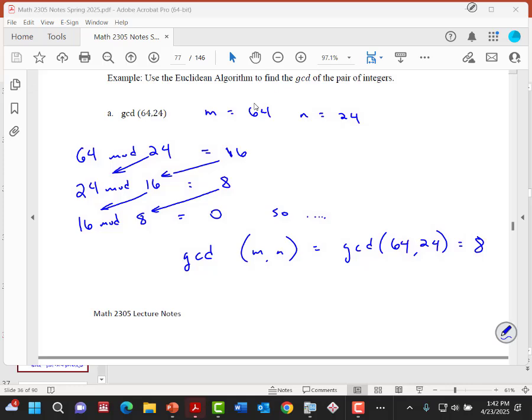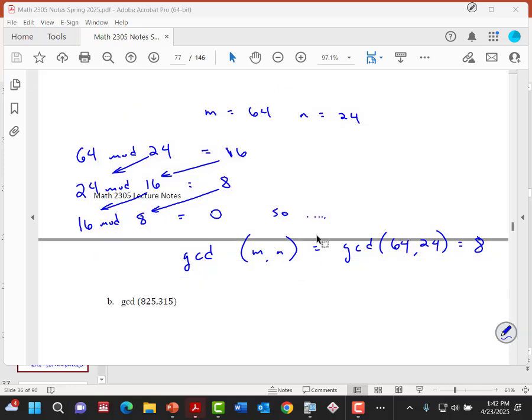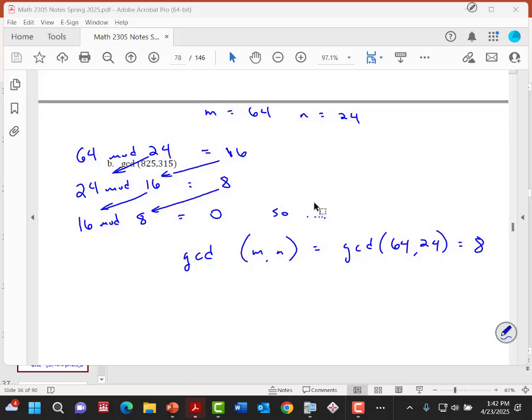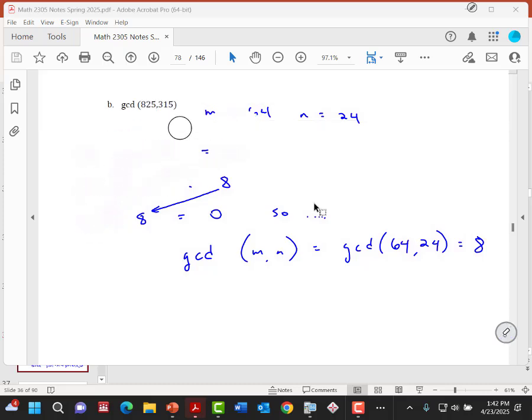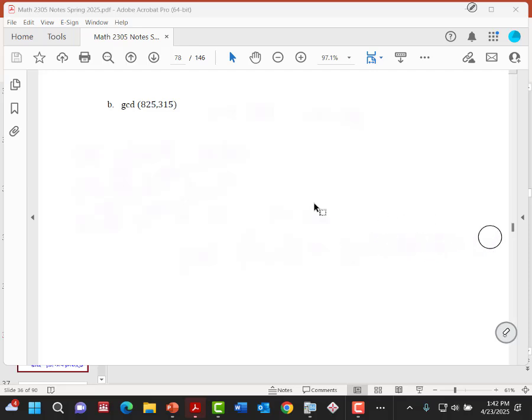Let's do another one. Let's compute the GCD of 825 and 315.